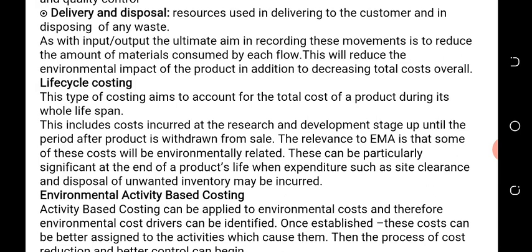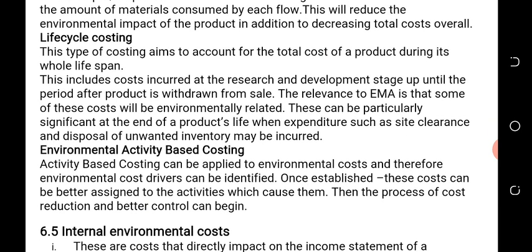So when you look at your introduction, we should also look at what are those environmental costs in your life cycle costing. This includes costs incurred at the research and development stage up till the period after the product has been withdrawn from sales.